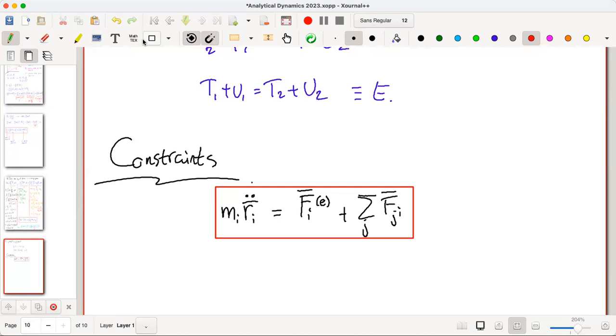Now, the advantage of knowing the constraint is that sometimes we can solve the equation of motion of the system more easily, or even without having to solve the equations of motion. By just identifying the constraints, we can at least have a qualitative description of the behavior of the system. Let me give you an example.